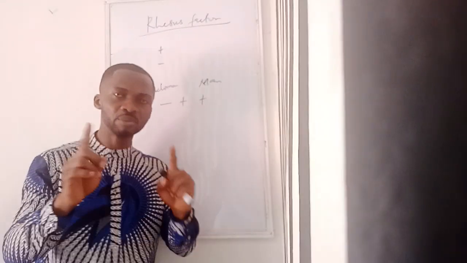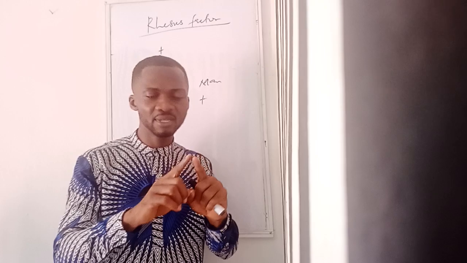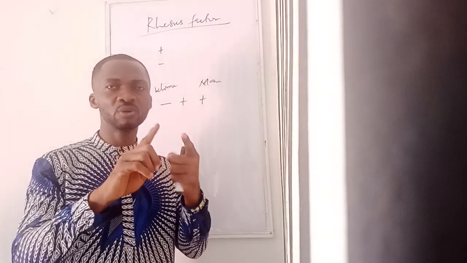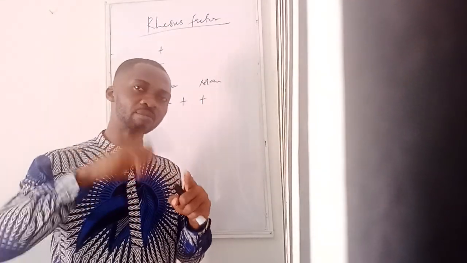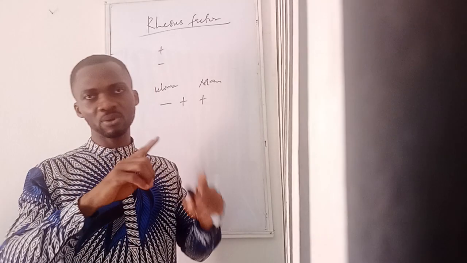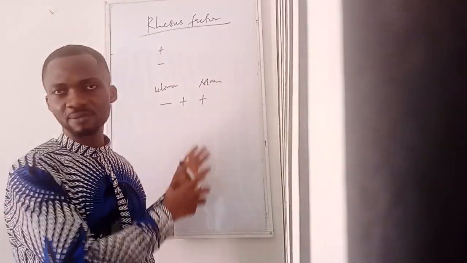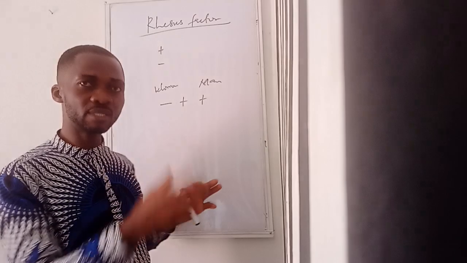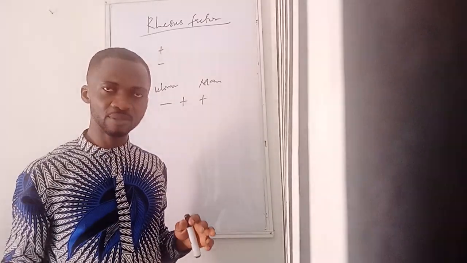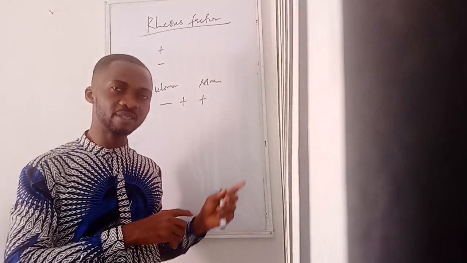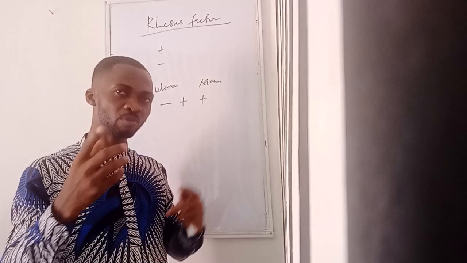Because before delivery, there is a kind of mixture of fetal blood and maternal blood. Once that blood mixes, this fight ensues between the antibodies of the mother and the positive antigen. Remember, the mom is negative because she does not have it.